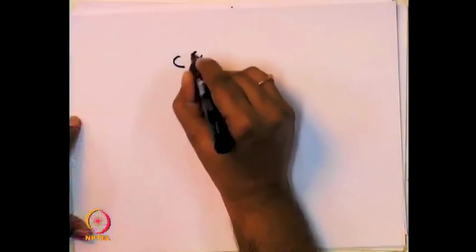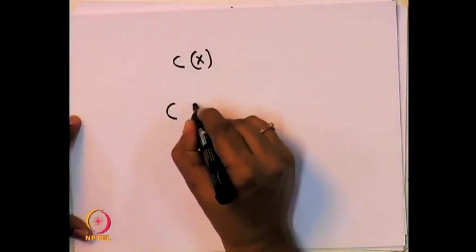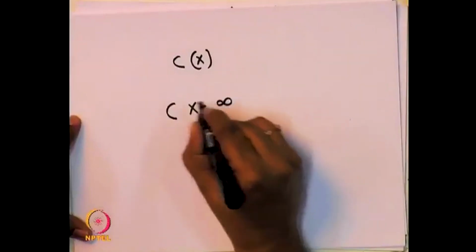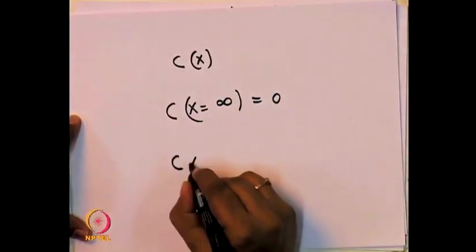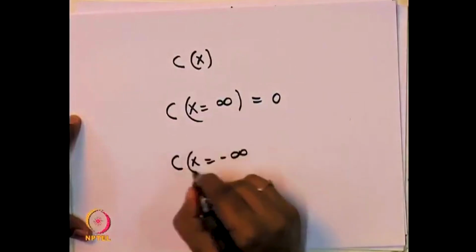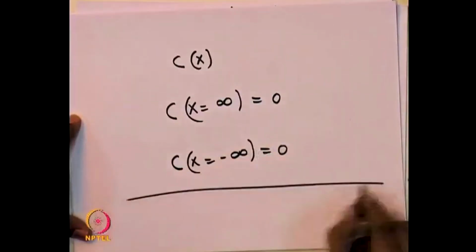If you know this much, we can derive some interesting stuff. So what did we say? We have some concentration, and C at x equal to infinity is 0, C at x equal to minus infinity is also 0. What does this mean?